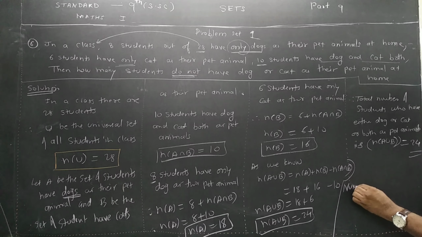Therefore, the number of students who do not have cat or dog as a pet animal is equal to the number of students in the class, that is the number of elements in the universal set, minus the number of elements in A union B. That is coming how much? 28 minus 24.